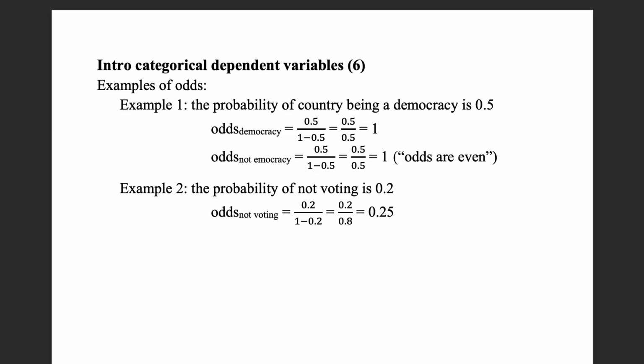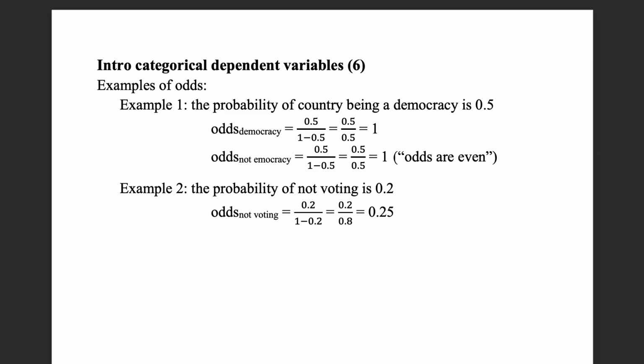Well, 0.2 divided by 1 minus 0.2. So that's the probability of not voting divided by 1 minus the probability of not voting, in other words, the probability of yes voting. So that's 0.8, because 1 minus 0.2 works out to 0.8. So 0.2 divided by 0.8 works out to 0.25.